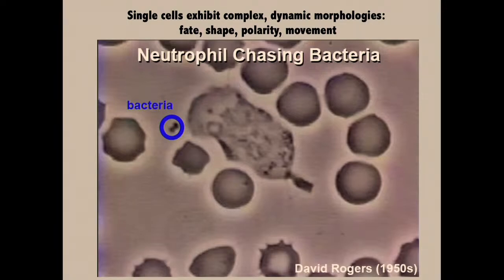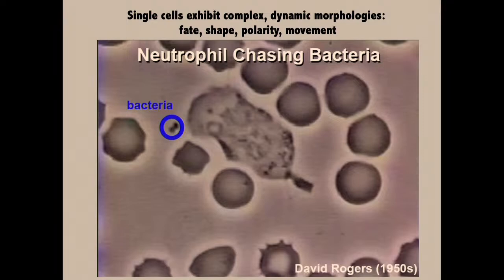Okay, so I'm going to start with the example of a single cell, because I want to convince you that before we think of animals, it's useful to think about single cells, and to show you that single cells actually exhibit complex dynamic morphologies.